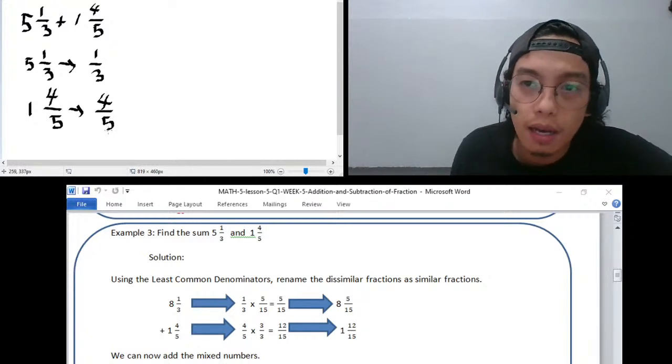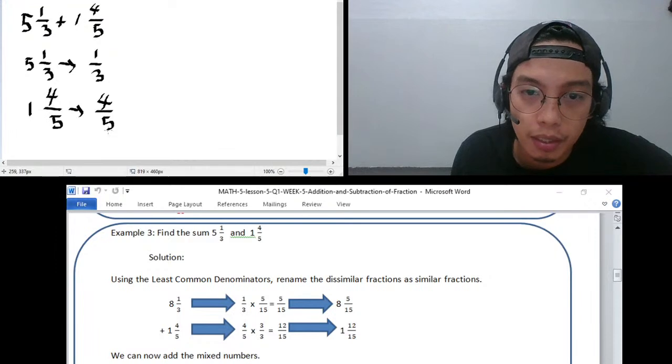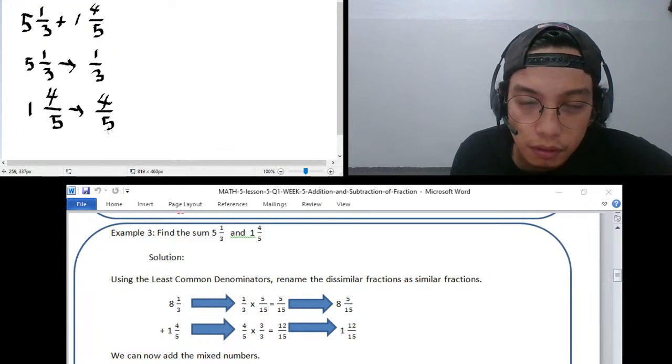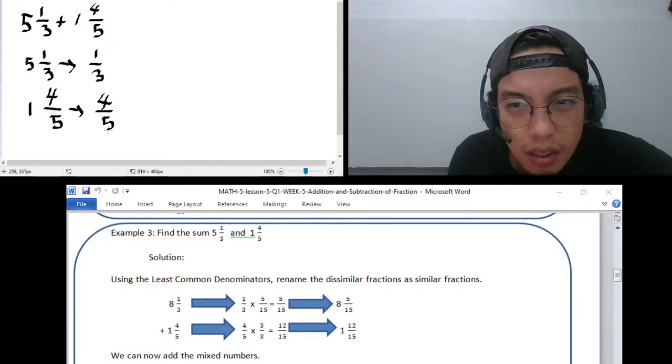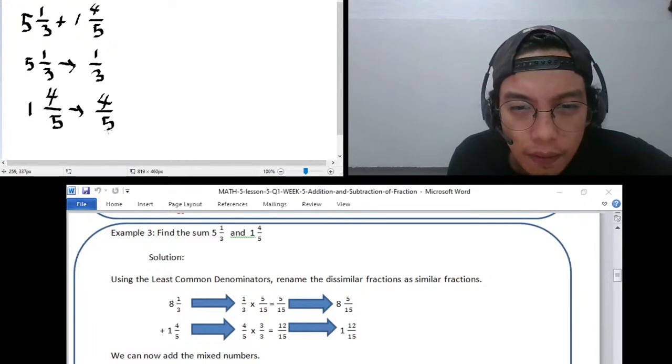We find the LCD, or least common denominator. It's actually 15. It gets me confused how they used their solution.